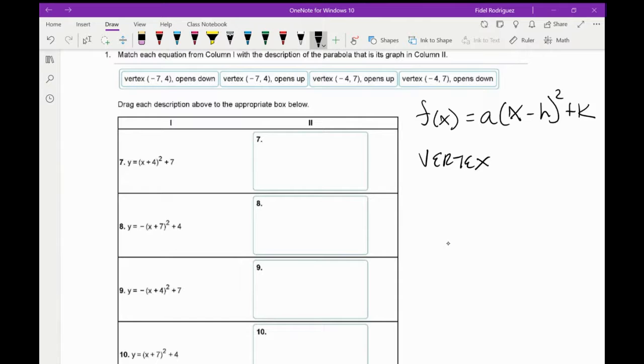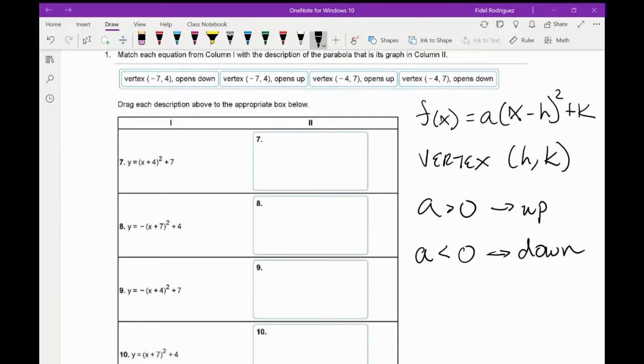And my vertex is the point h, k. And if the number a is greater than 0, that means my graph opens up. And if the number a is less than 0, that means my graph opens down, right?